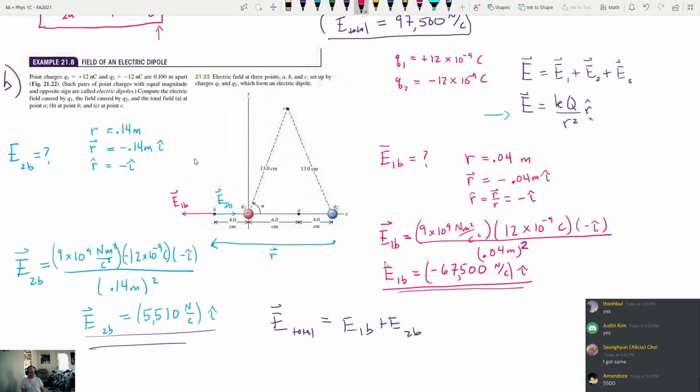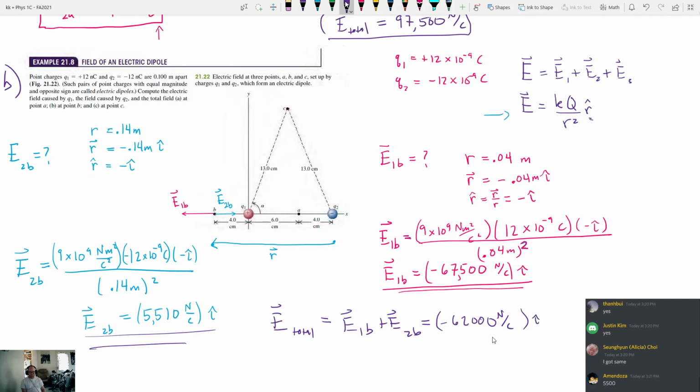Apologies for that. That is a vector, and that's a vector as well. These are vectors, so you just add them together. I'm just going to add them in my calculator. So I'm going to go 5510 minus 67500, and I get about negative 62,000. So you get negative 62,000 newtons per coulomb times I hat.